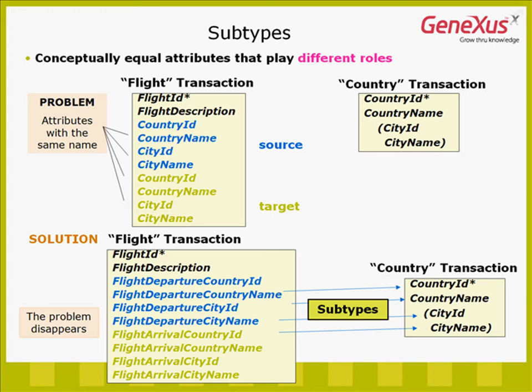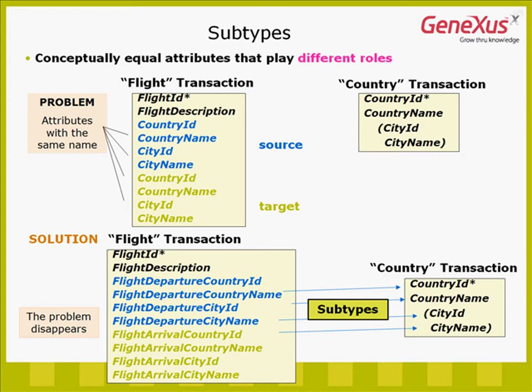First of all, we'll have to define attributes with different names. So for the country and city of origin, instead of country ID and country name, as we see over here, we'll change their names and we'll call the identifier for the country of origin flight departure country ID. And for the name, we'll use flight departure country name.